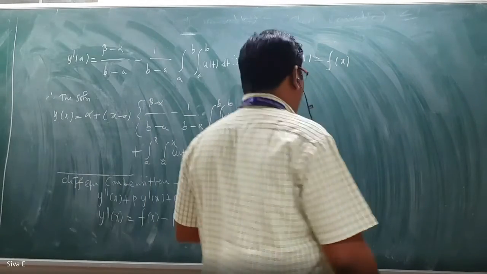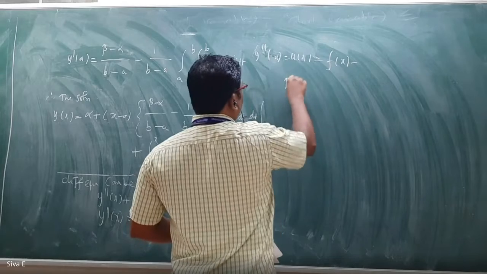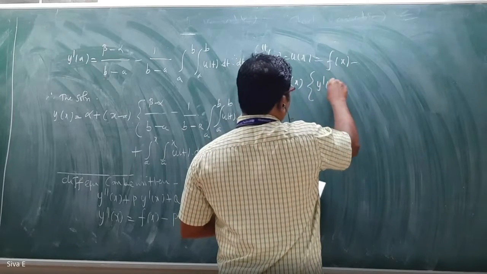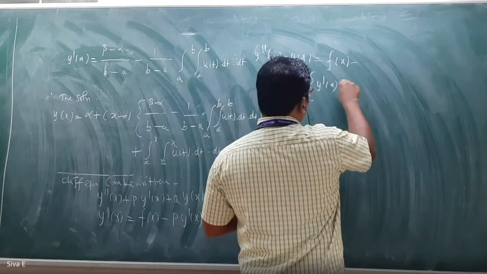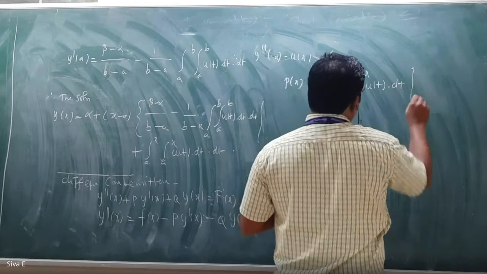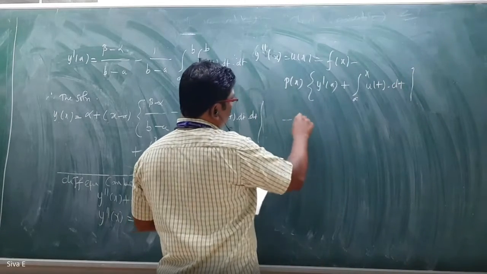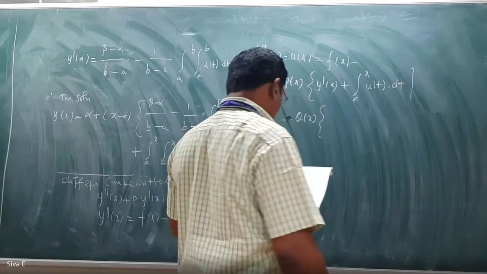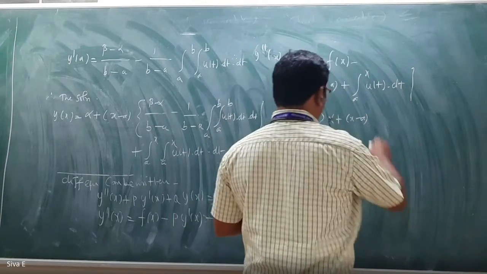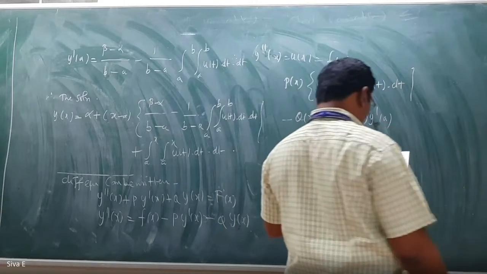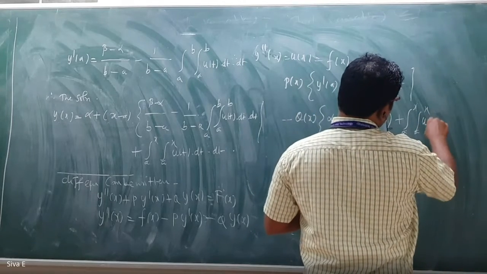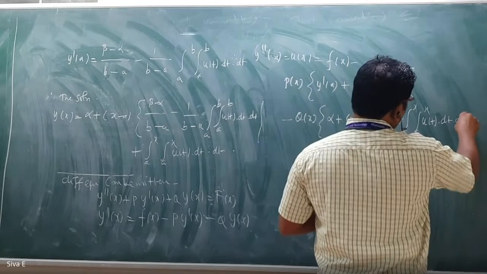F of x minus p of x, y dash of a plus integral over a to x u of t dt, minus q of x, alpha plus x minus a, y dash of a plus integral over a to x of x minus t u of t dt.